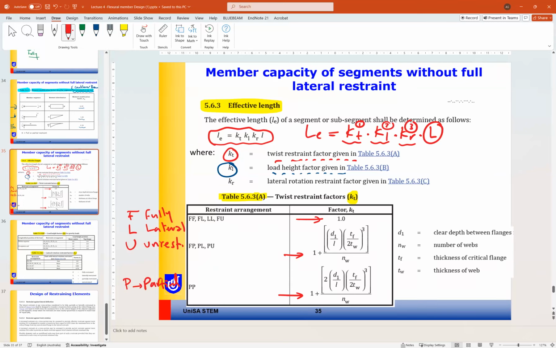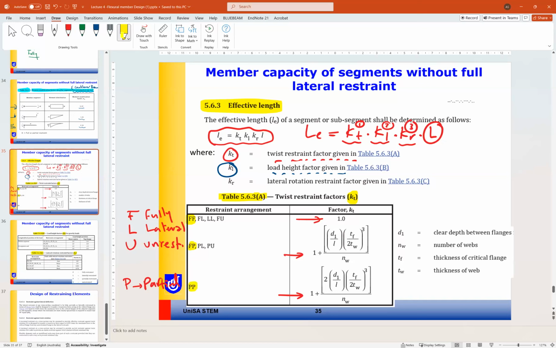So according to the restraints, you will come to this table. For example, if your beam or your segment is fully restrained at both ends, the factor is 1. If it is fully restrained at one end and partially restrained at the other, you can use this formula.